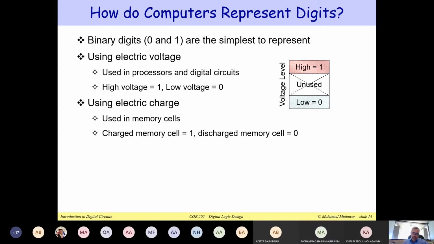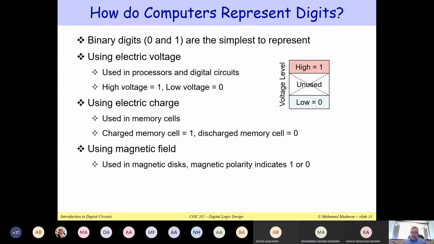So if the capacitor is charged, we call it logic 1, and if it is discharged, we call it 0. So we can store the 1 and the 0 as an electric charge. You can have billions of these capacitors inside a memory chip today.